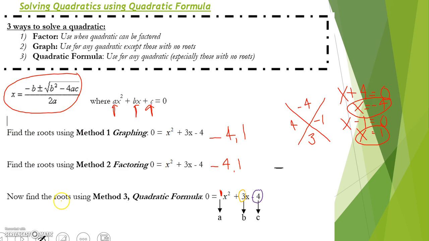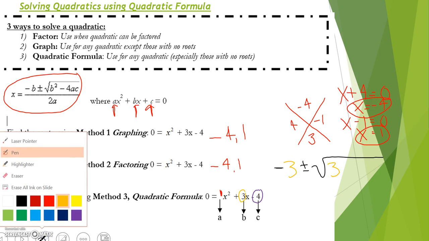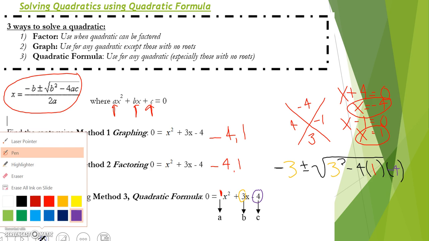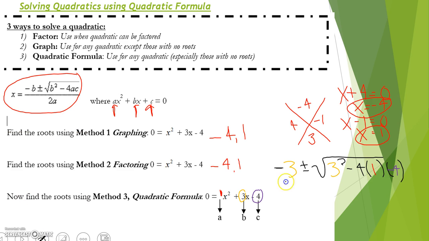Our b was 3, and then plus or minus, and I'll explain what that means a little bit later, and then b squared, so b again is 3, so 3 squared, minus 4, and then ac. So a again is 1, and c is -4. And then this is all over 2a, and a again is 1.